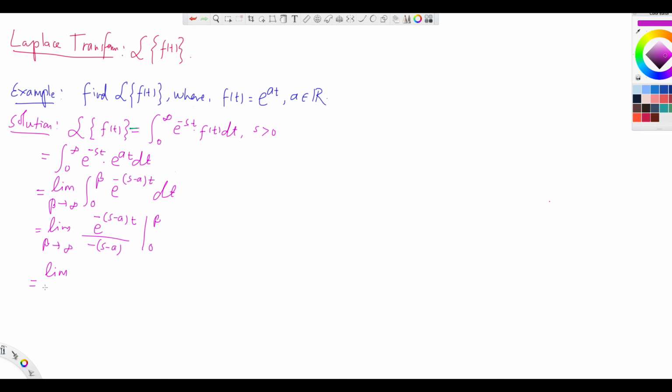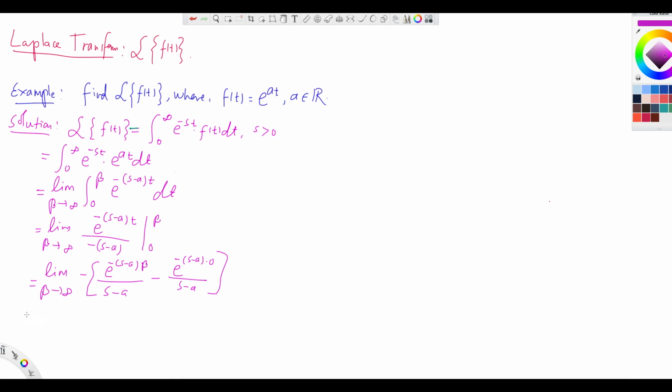Let me write that negative sign outside and plug in those limits. So you get e to the negative (s minus a) times beta over (s minus a), because I took that negative sign outside, and then minus e to the negative (s minus a) times 0 over (s minus a).